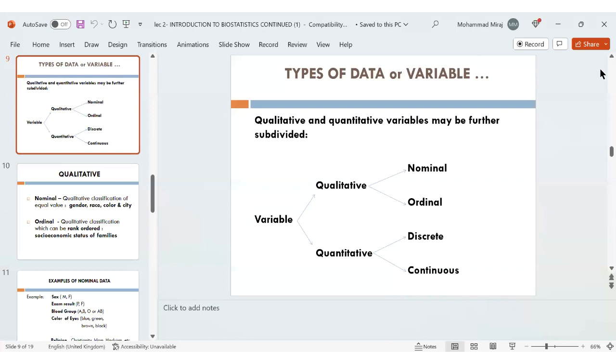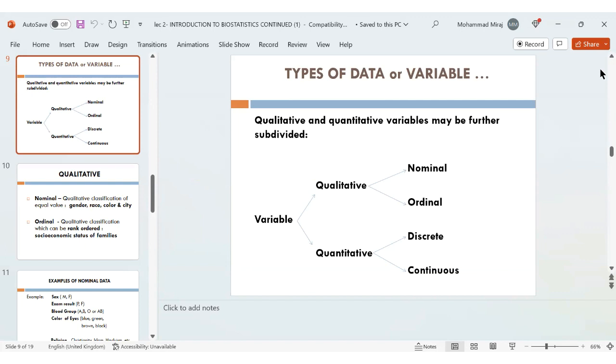So nominal is all about categorizing things into a particular category. That's why the name nominal. The other one is ordinal. In ordinal, it gives you an idea that it is more or better than that. For example, low income countries, middle income countries, high income countries.